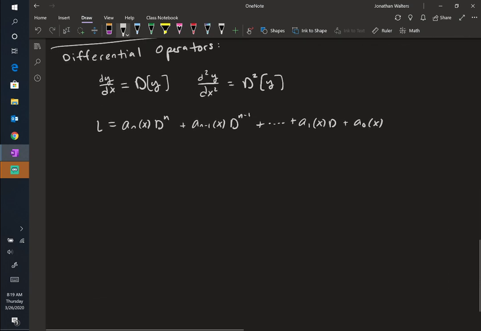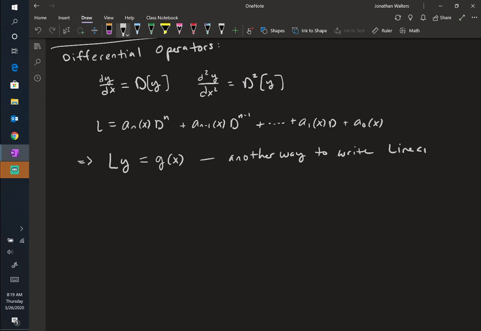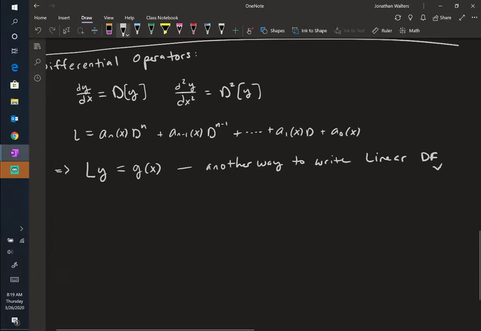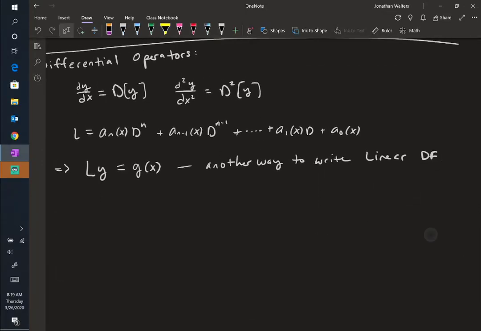Then Ly would be equal to g of x. This is just another way to write a linear differential equation, using this differential operator.